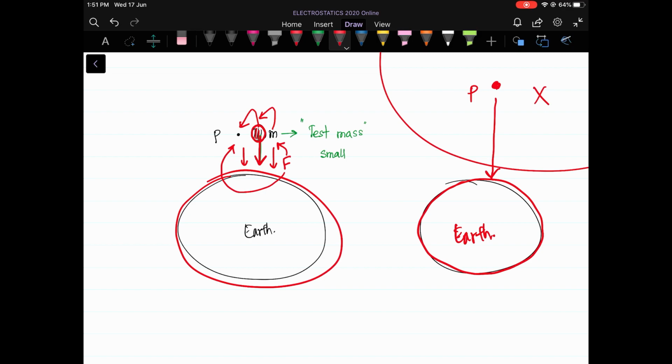Now the important thing is that if I am going to find out what is the effect of Earth at this point, or what is the field of Earth at this point, I must keep a mass as you have seen, but that mass should be very, very small, and we will start calling it a test mass.